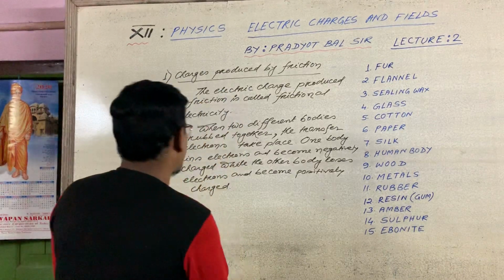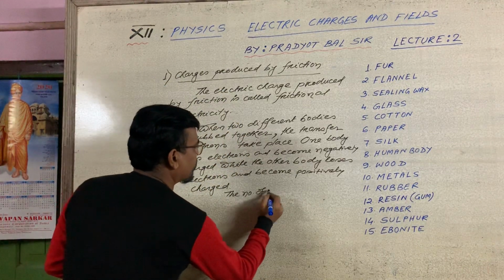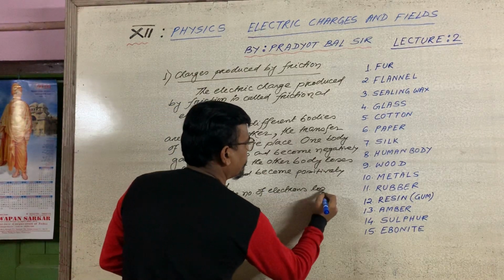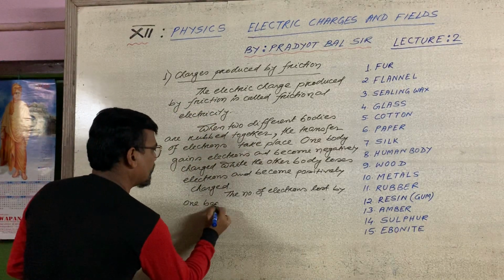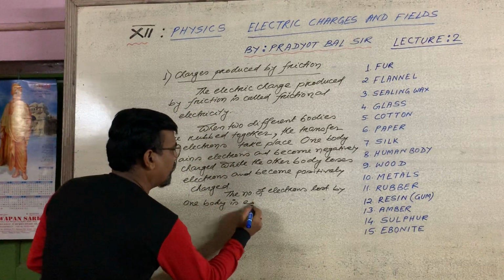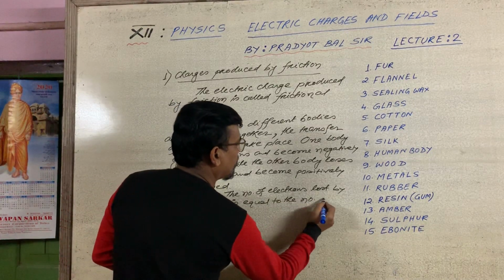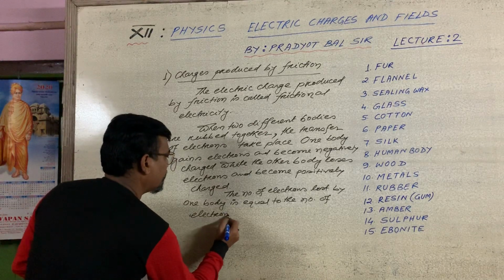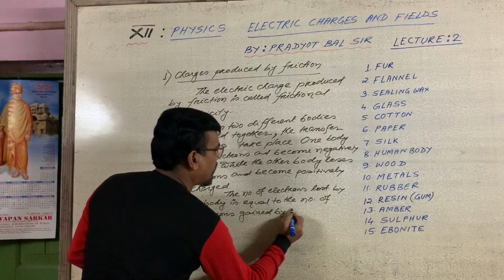The number of electrons lost by one body is equal to the number of electrons gained by the other body.